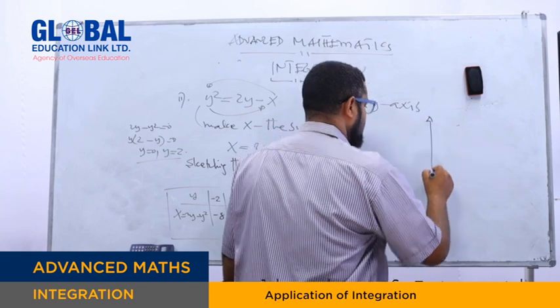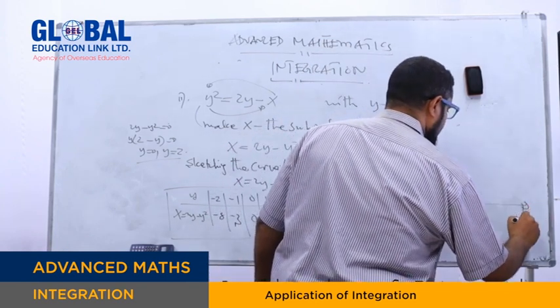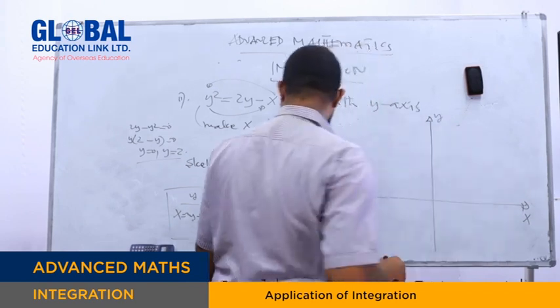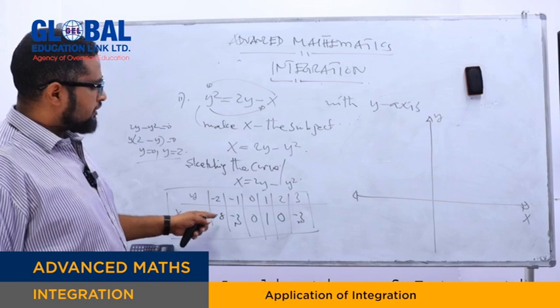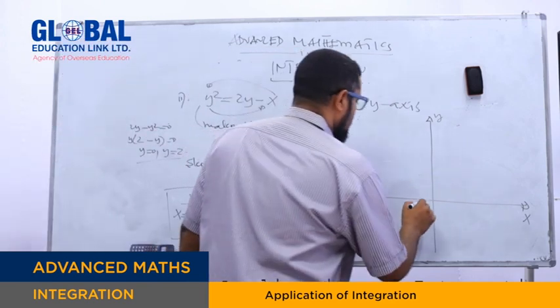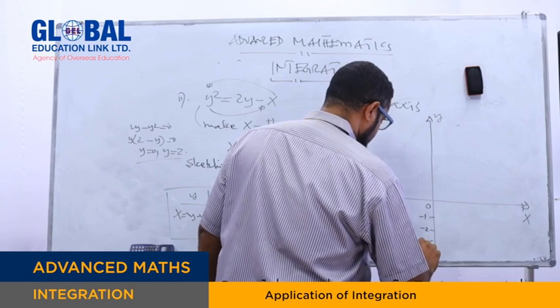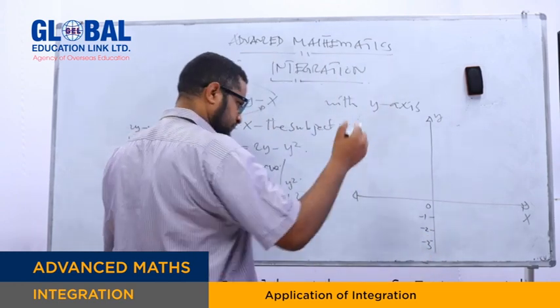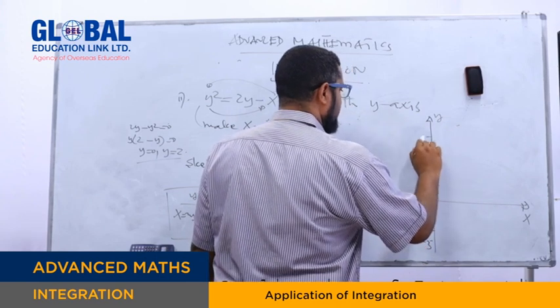If you sketch, you will have the following. This is x and that is y. In the case of y, we have negative numbers and positive numbers, so we include them in our graph: negative 1, negative 2, negative 3, then positive 1, 2, 3, 4.